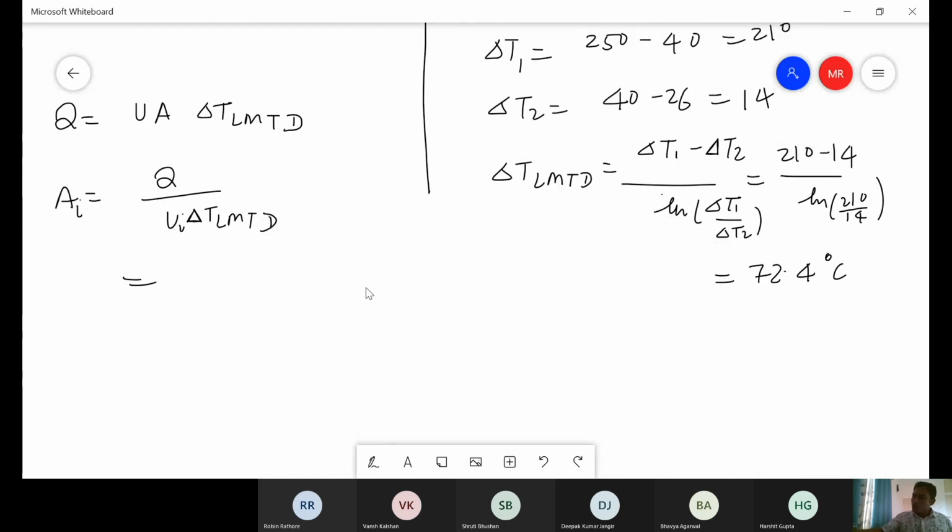Okay. So now here area we can calculate, back calculate. So just wait.